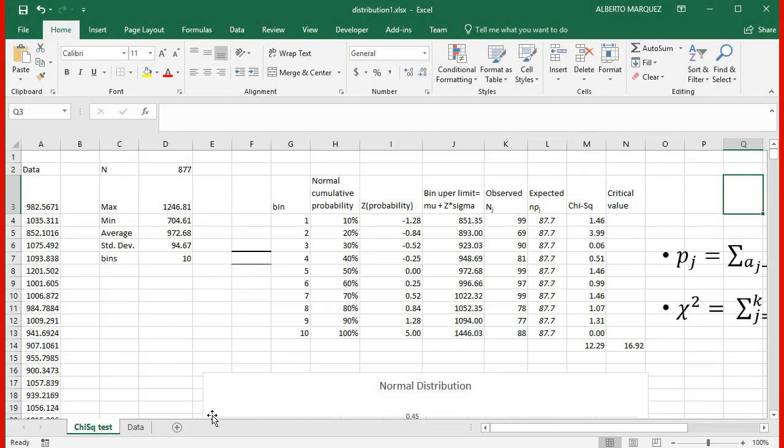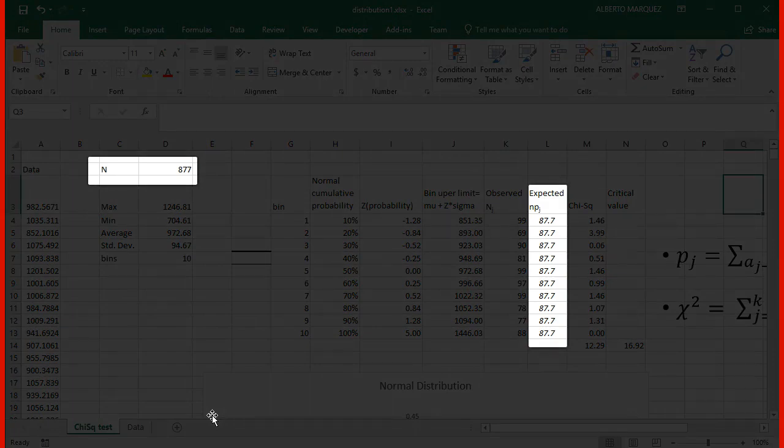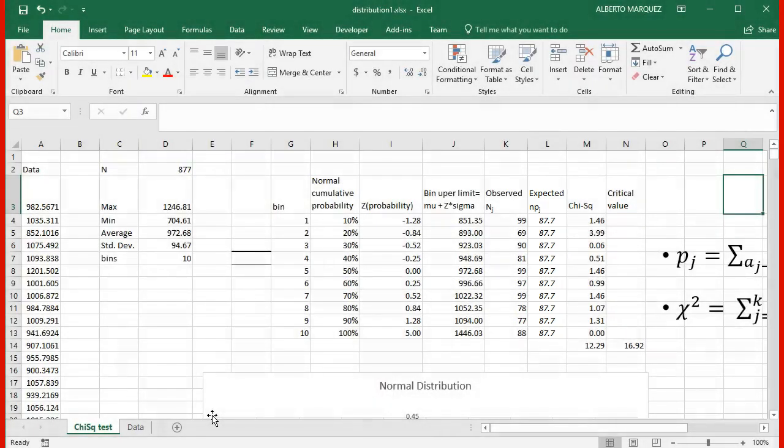The number of values expected in each one of these bins, since we expect to have 10% of the probability of the events there, because the bins were selected to have 10% probability, and we have a sample of 877, the expected value is 87.7. And with 87.7, we can compute our chi-square estimator as the square of the difference between the observed and the expected divided by the expected.